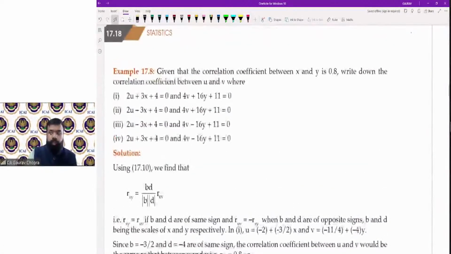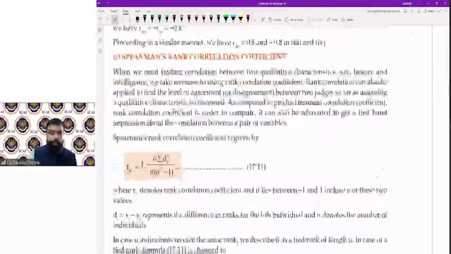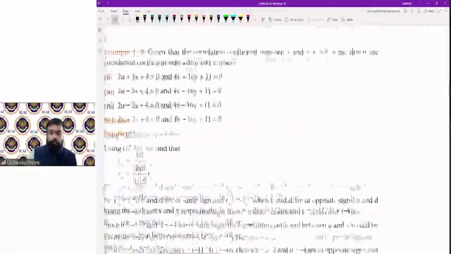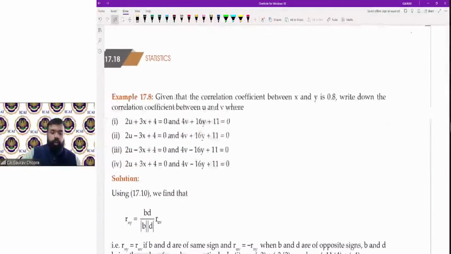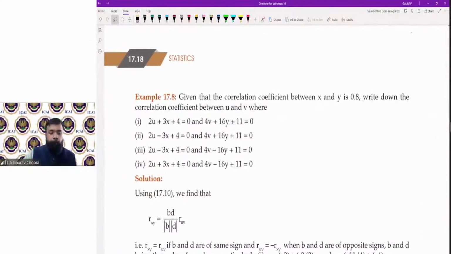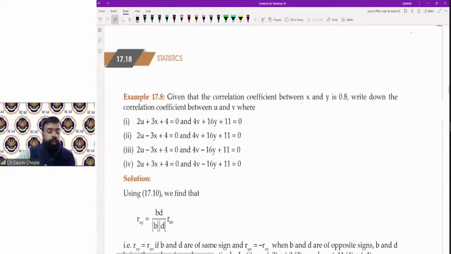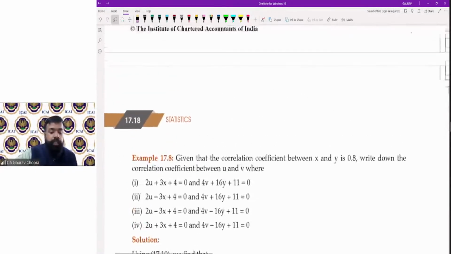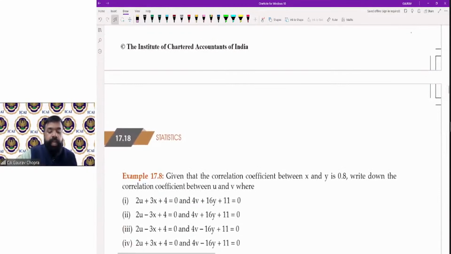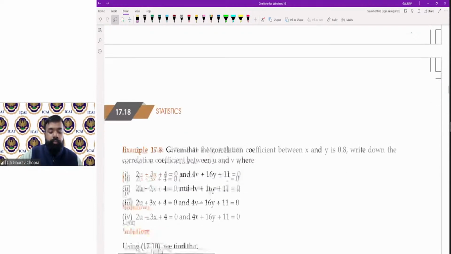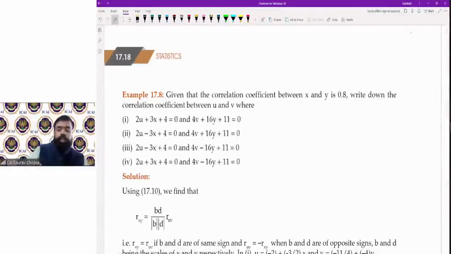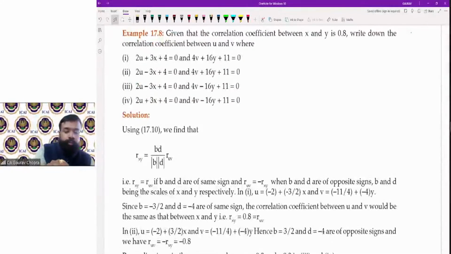Then the next one. Okay, let us understand this one. Now, here the concept is a bit different. 17.8, given that correlation coefficient between x and y is 0.8, then find out the correlation between u and v. So now, in such a case, there is a simple formula.